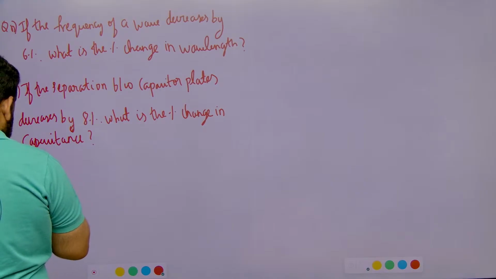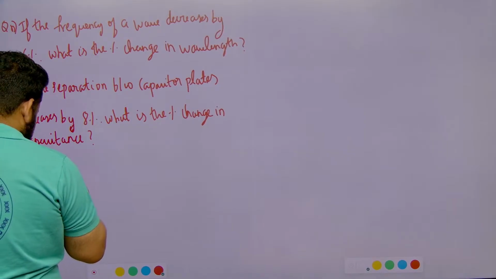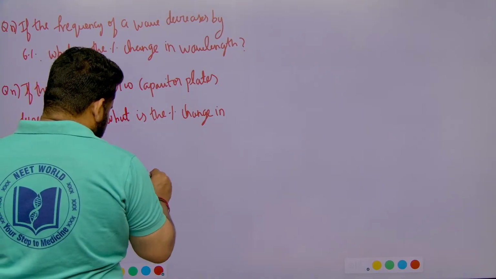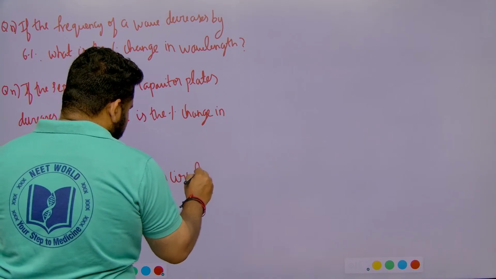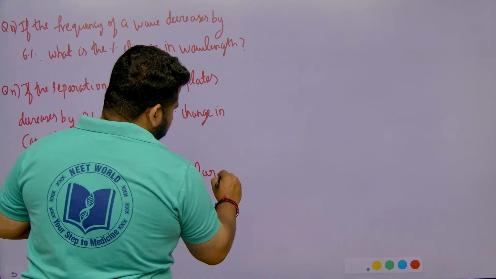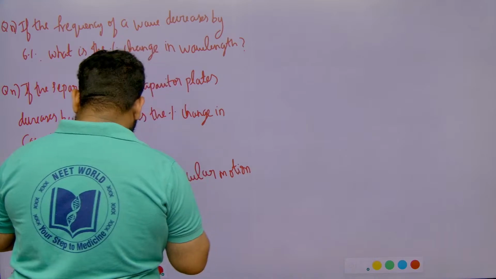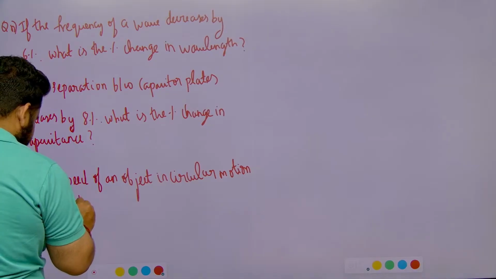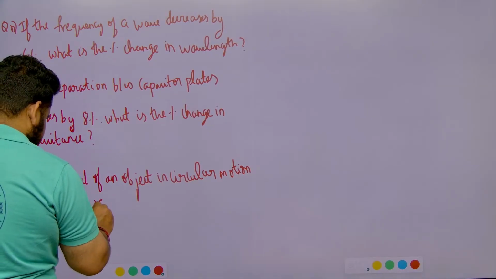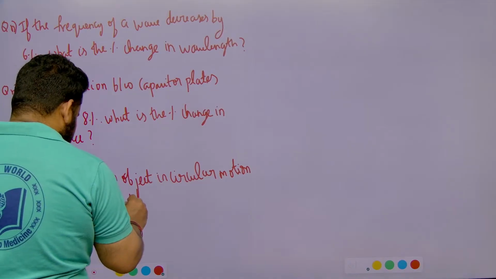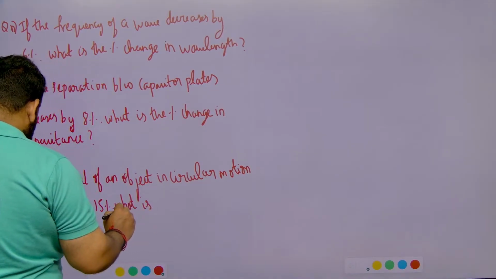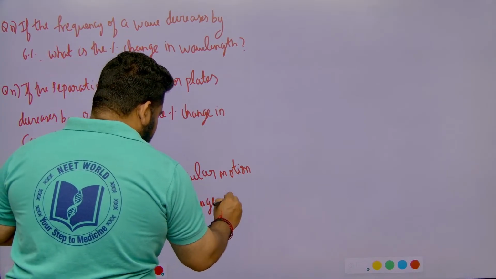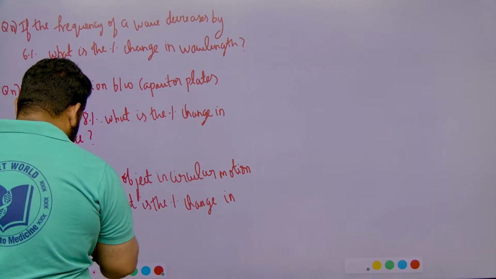If the speed of an object in circular motion increases by 15%, what is the percentage change in centripetal force?